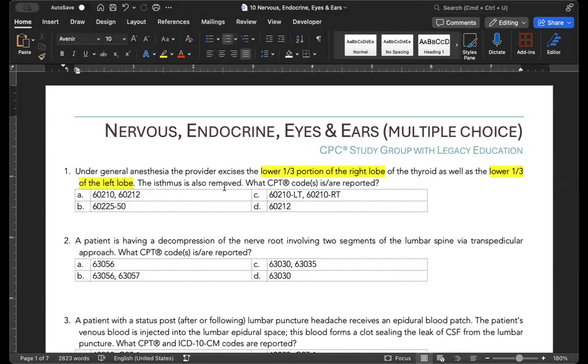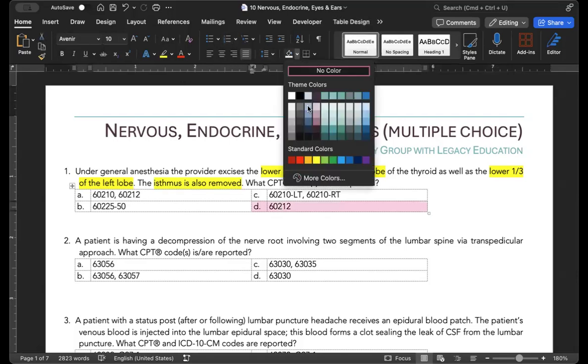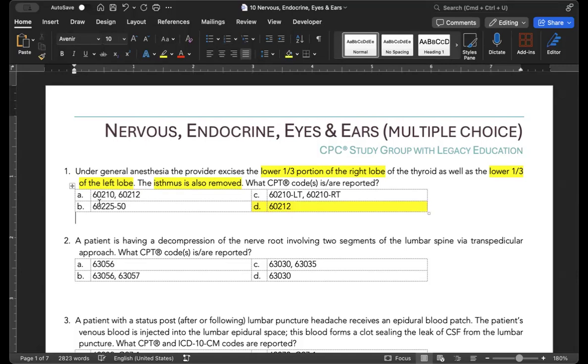So they're doing a thyroidectomy, well, I guess a lobectomy, because we're doing a third of the right lobe and then a third of the left lobe. That is the contralateral, or opposite side, as well. And then it also includes the isthmus, so the isthmusectomy is also done. So we should only report the 60212.